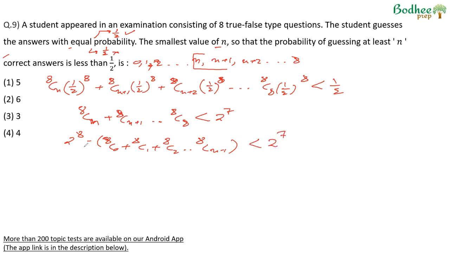This is 2, 4, 8, 16, 32, 64, 128, 256. 256 minus 128.